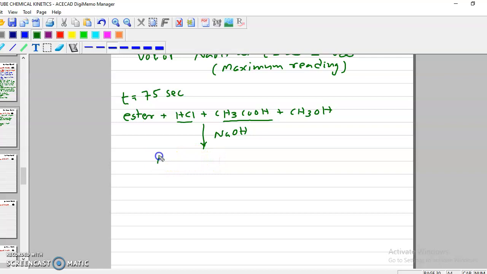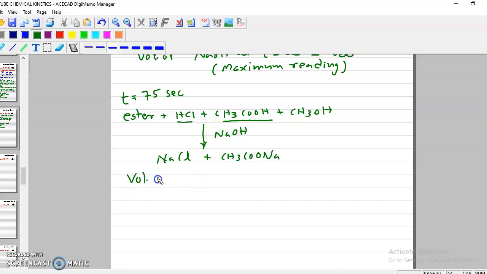So this will react with NaOH and form NaCl plus sodium acetate. But the amount of sodium hydroxide required for this titration will be greater than V0 but less than V infinity.